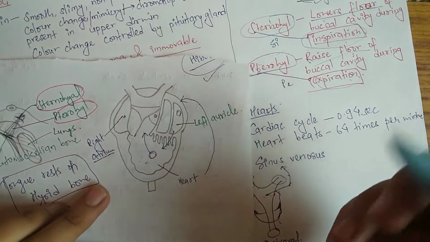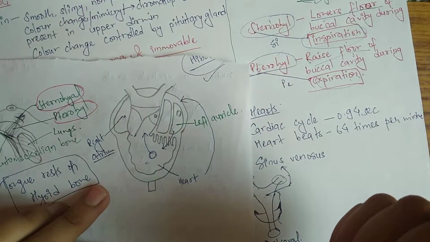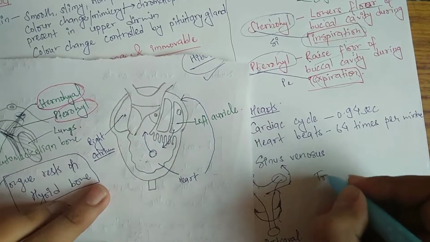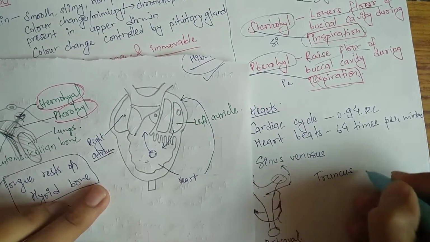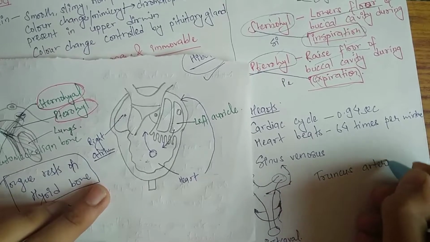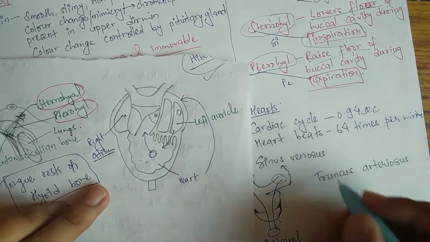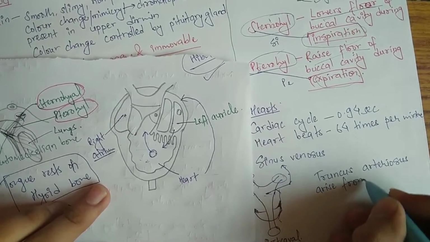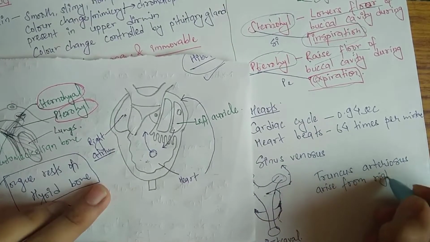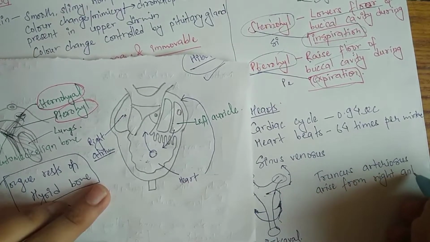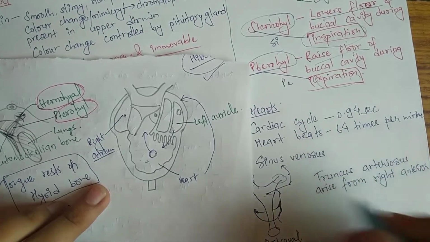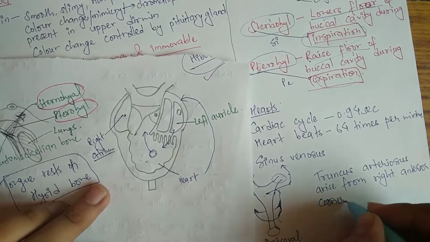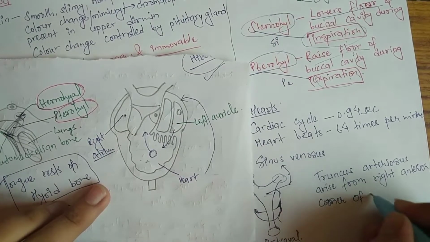from the truncus arteriosus, that arises from the right anterior corner of the ventricle.